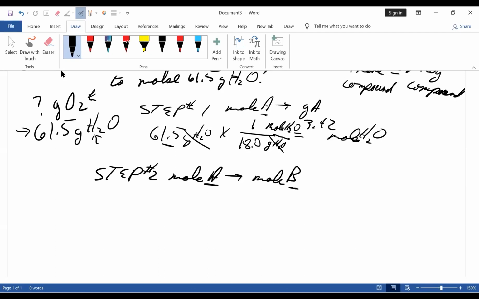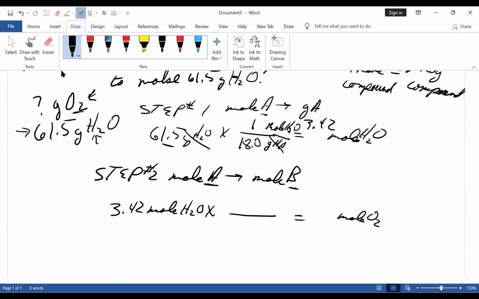So here I have 3.42 moles of water. What do I want to get to? Moles of B. In this case, B is what we're trying to get to, oxygen.